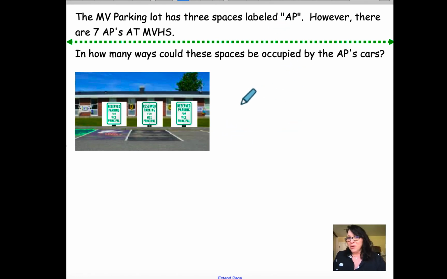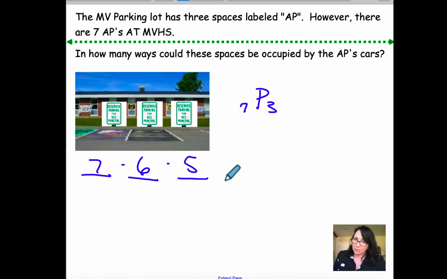So that would be 7 permutations of 3. Basically you have 7 options here, then 6 options here, and then 5 options here. So just 7 times 6 times 5, the same answer. And that's, I think, 210, okay?